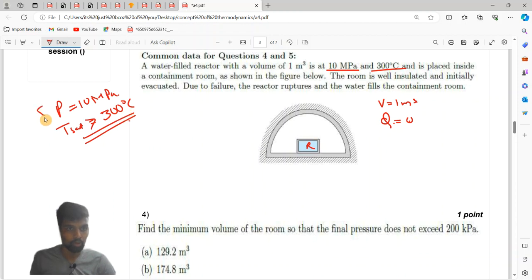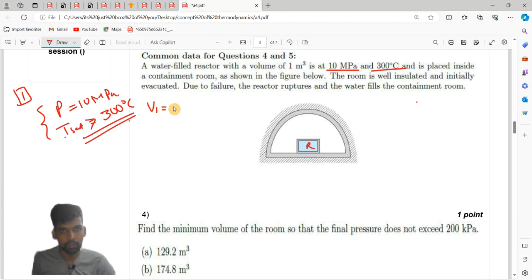This is a clear condition for the compressed liquid state. That's how I concluded that water at state 1, our state 1, is in a compressed state.